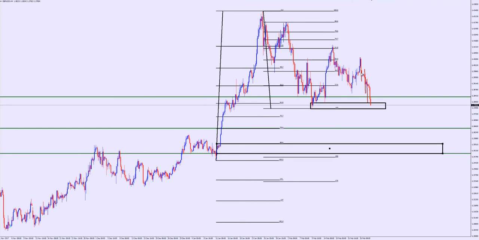All right, so I'm looking for a potential Gartley that could be developing on a 4-hour. You could see the 786 comes right in at our weekly line right here. So that would make a very pretty X to A to B, B to C, C to D Gartley.